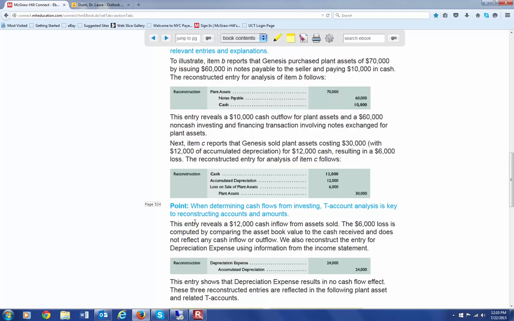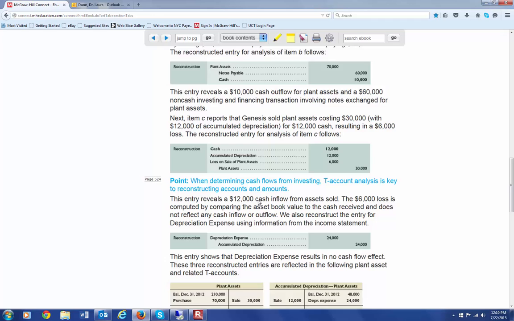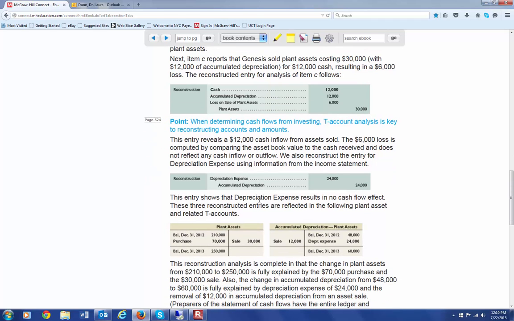So in this case, there's a $12,000 cash inflow from the asset that was sold. The $6,000 loss doesn't actually have any impact on cash inflow or outflow.